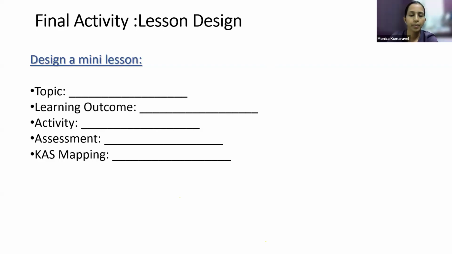Yes, please, ma'am. Air pollution will be the topic, and for the learning outcome, students will be able to identify three causes of air pollution and explain one effect of it. For the teaching learning activity, we can give a Clean Air Detective group task.